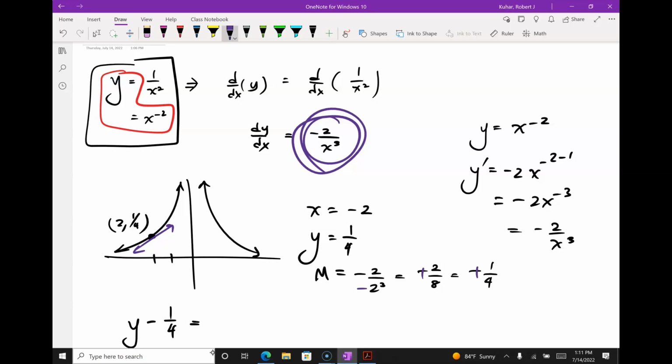Positive 1/4. Thank you. And of course, look at my graph. Shouldn't the slope be positive? Look at my graph. Thank you.